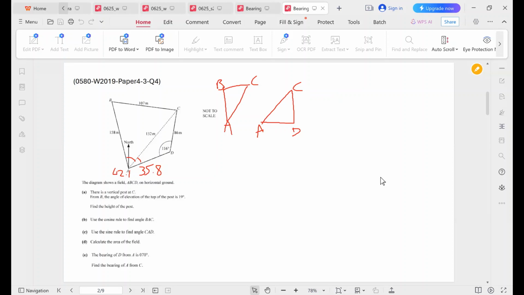For the first triangle, we already have this angle here, 42.1. We have 158 and 132. We have two sides and we have the angle between them, so we have enough information to get the area. So the area of triangle ABC is going to equal half times 158 times 132 multiplied by sine 42.1.